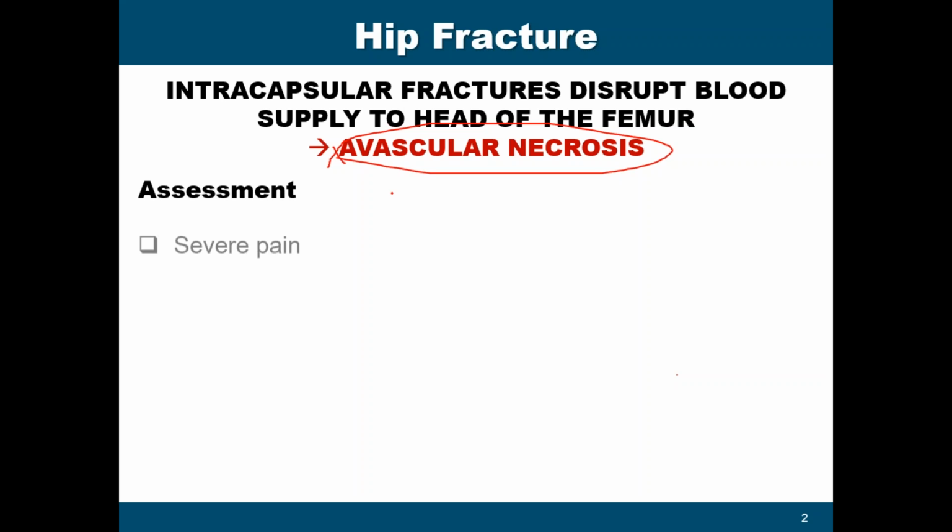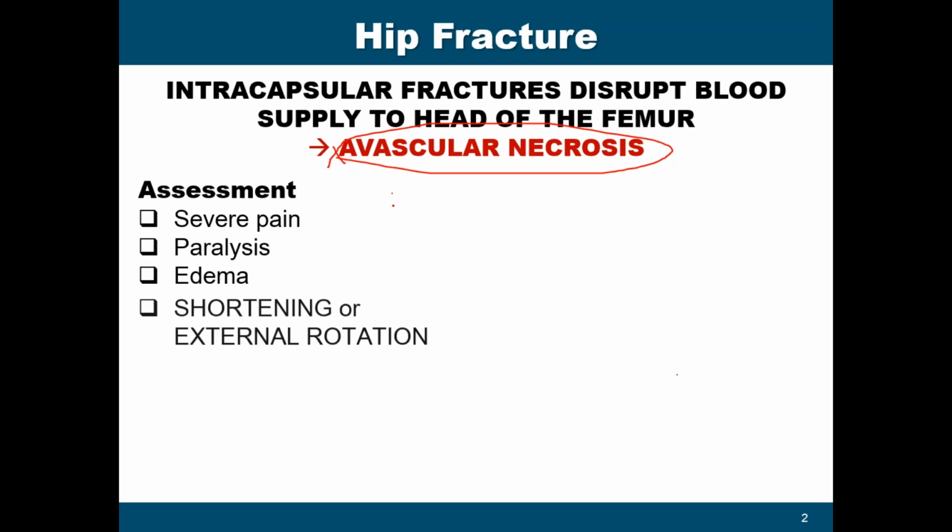Number one, you have severe pain, which indicates a severe injury. Next would be paralysis. The person with a fracture will be unable to move the extremity because of the severe pain and the deformity. Next is edema, because of the injury.